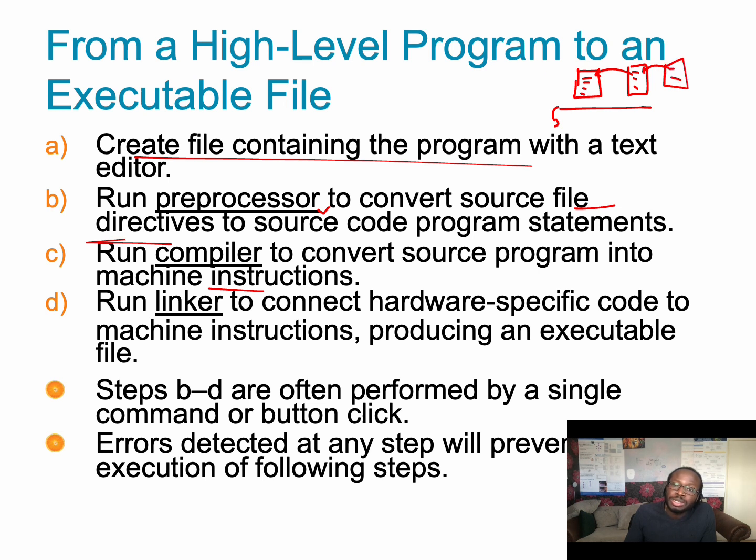So I need to link all these files together so I can have the full functionality as if they are seamlessly one particular line of code. So it goes through the linker which connects all these specific things for us.